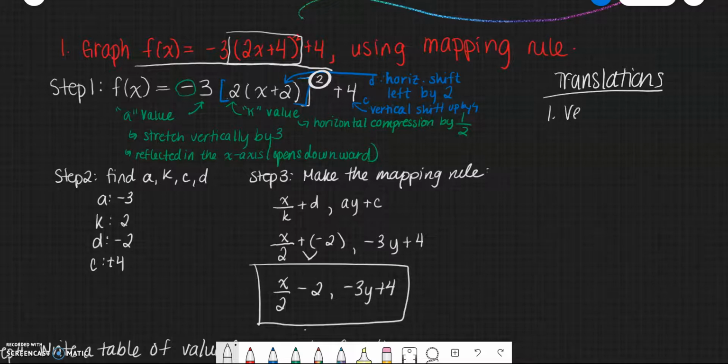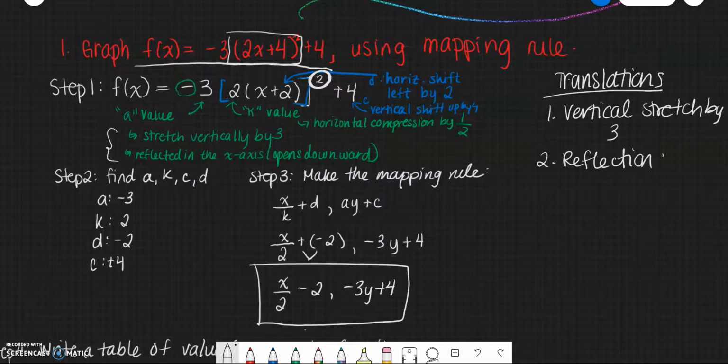Vertical stretch by 3, reflection in the x-axis.